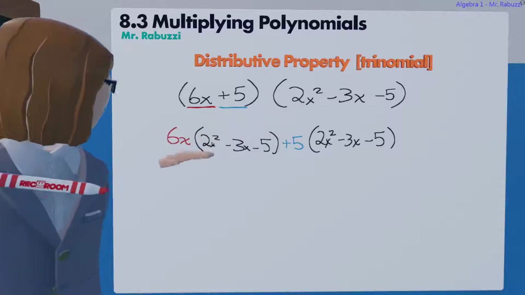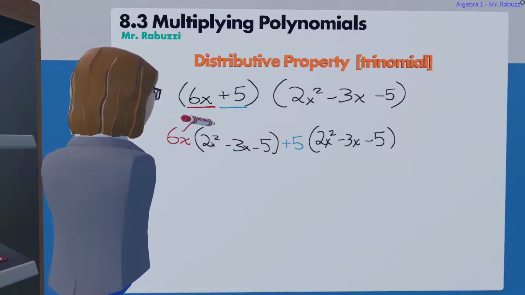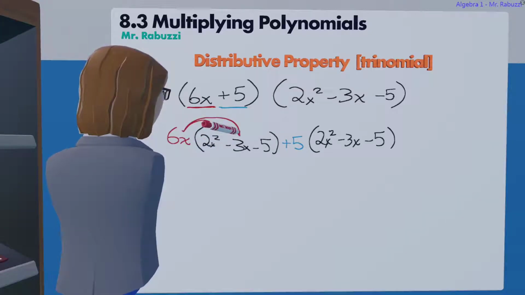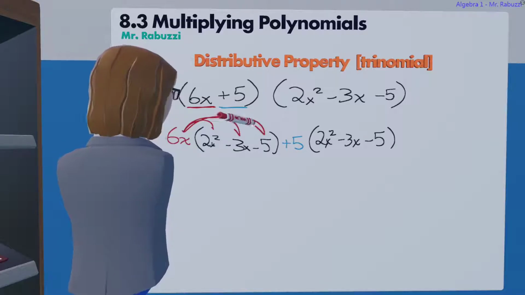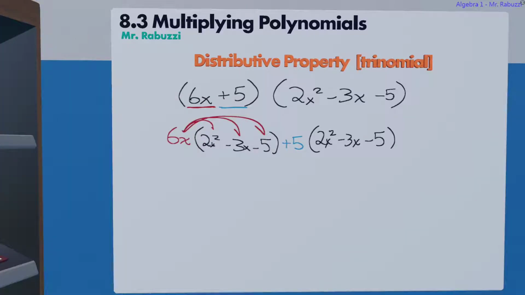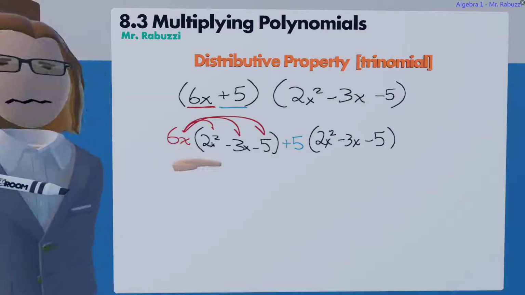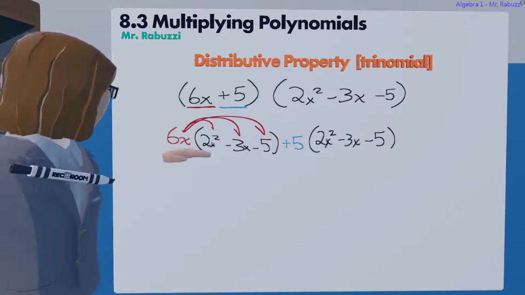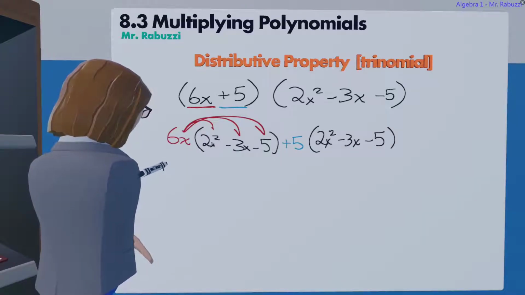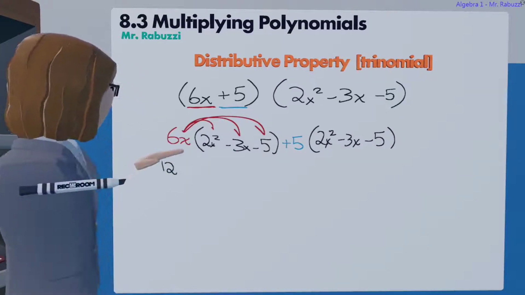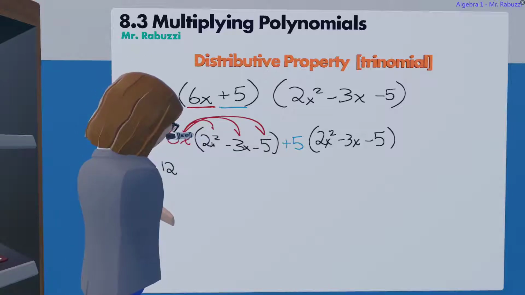All right. So now we distribute. Multiply, multiply, multiply. So this term multiplies with each piece. So let's see. 6x times 2x squared. 6 times 2, that's 12. X, invisible 1.